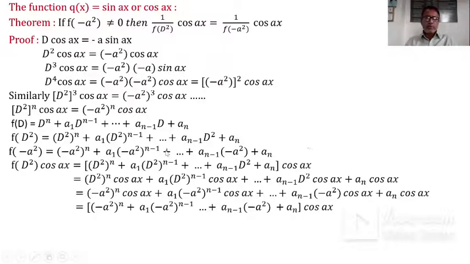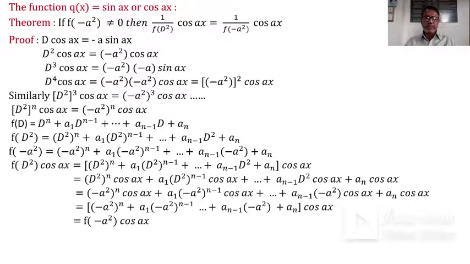But from this equation, we know that the square bracket is f of minus a square. If we substitute this here, then we obtain f of D square on cos ax is equal to f of minus a square into cos ax.